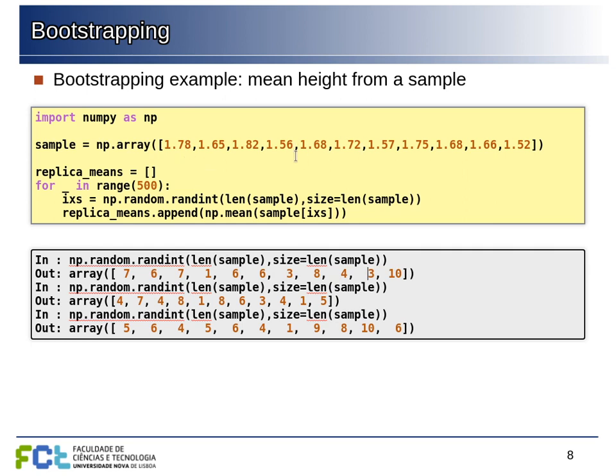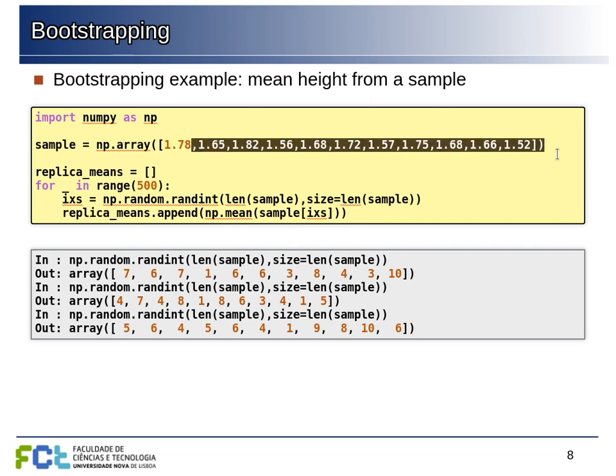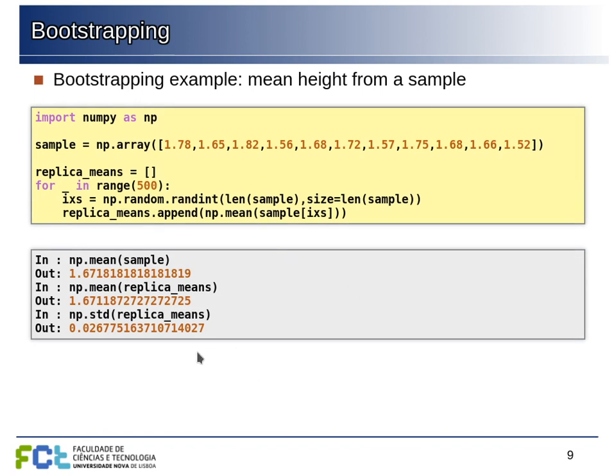So some elements are missing, others are repeated, 6 and 7, and this would give us a slightly different mean when we compute here the mean of the resulting array. And now we're going to append this to this list. So this list will give us 500 means, each computed from a replica obtained by bootstrapping from the original sample that we had. So now we can compare these results.